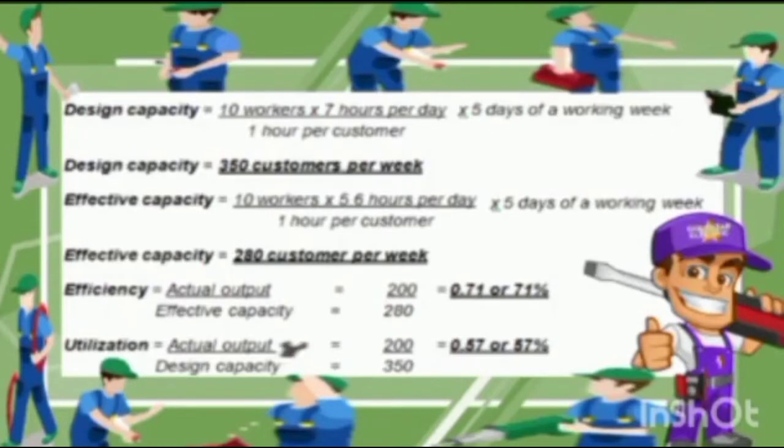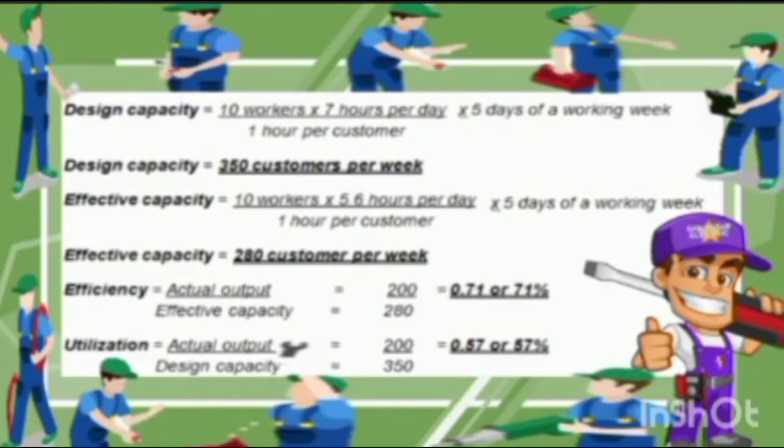So, the first approach to solve this is you need to calculate the design capacity and the effective capacity. Then, we will use the actual output given above to calculate the capacity utilization and efficiency. So, here is the solution. Design capacity is equal to 10 workers times 7 hours per day times 5 days of a working week over 1 hour per customer.